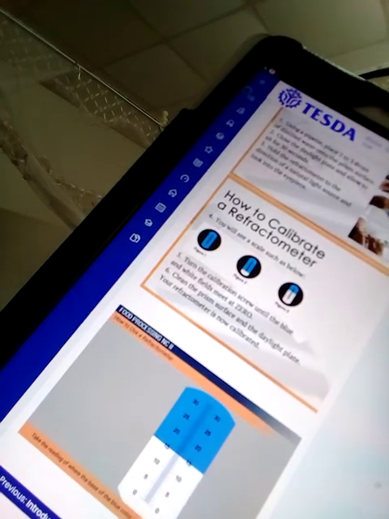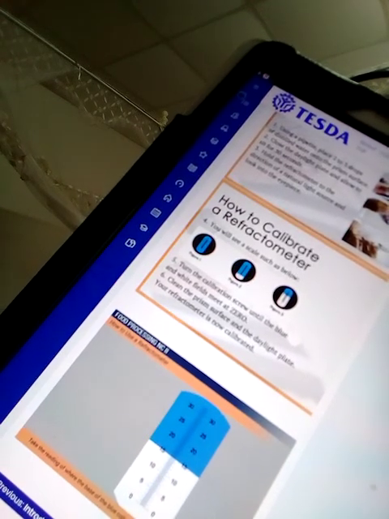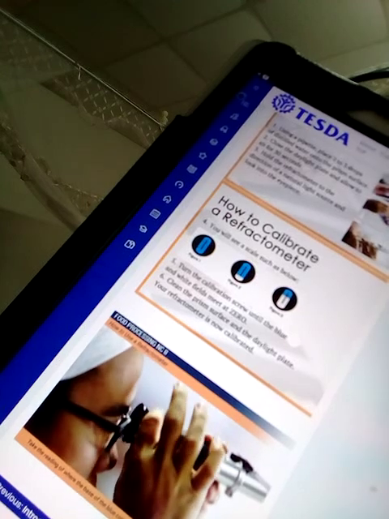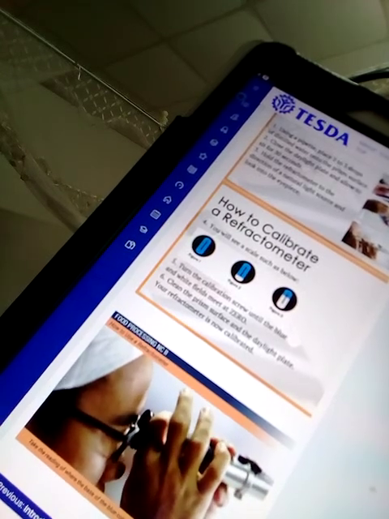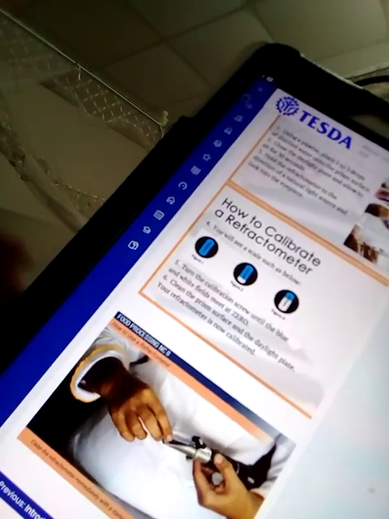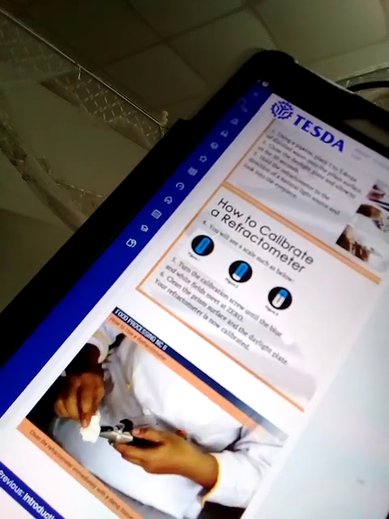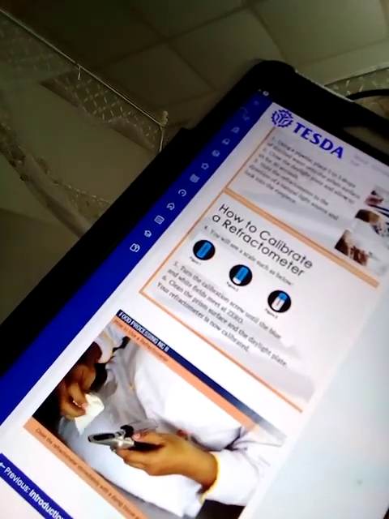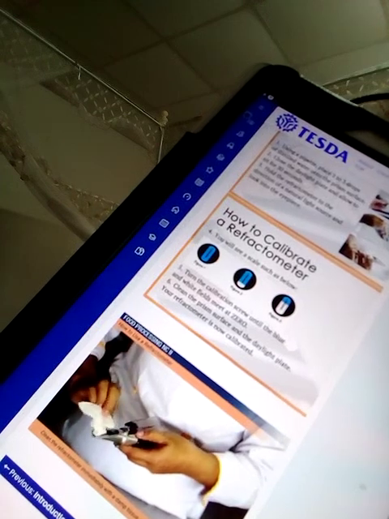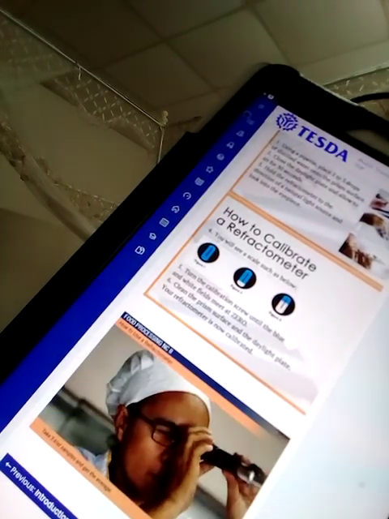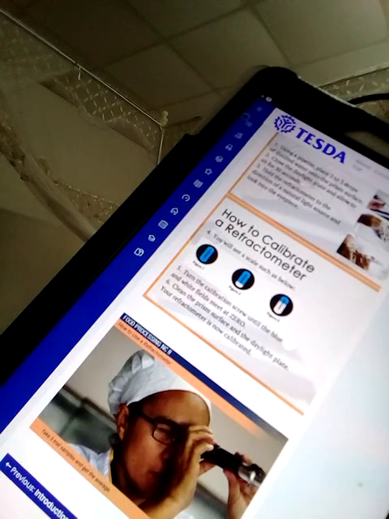Take the reading of where the base of the blue color sits on the scale and record the percentage of sugar. Clean the refractometer immediately with a damp tissue and dry thoroughly. Take 3 trial samples and get the average.